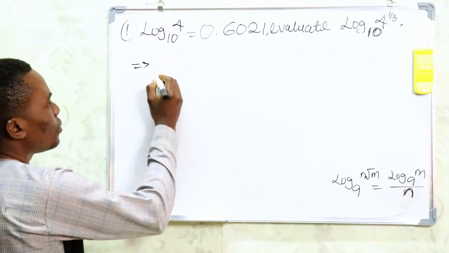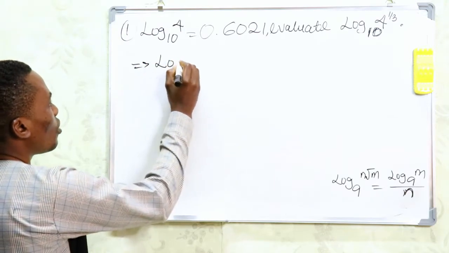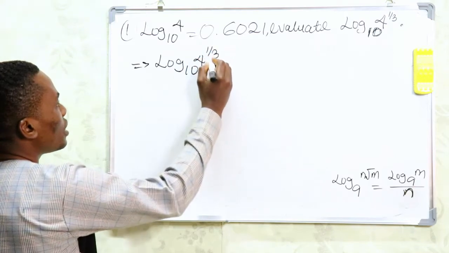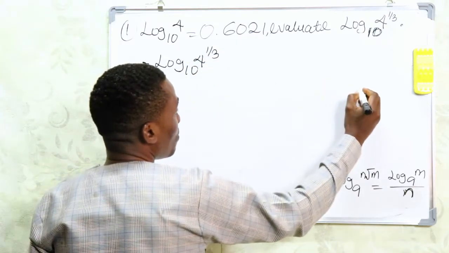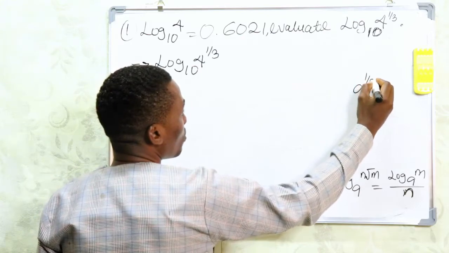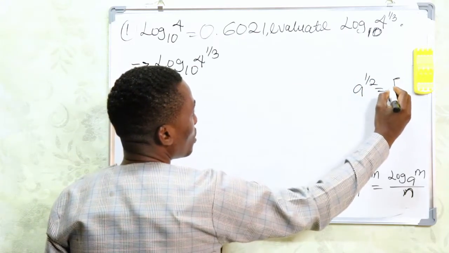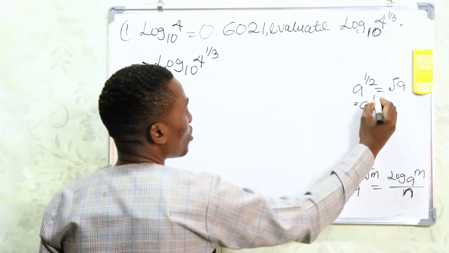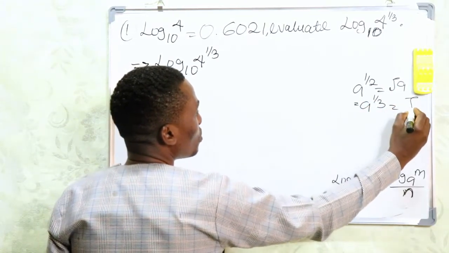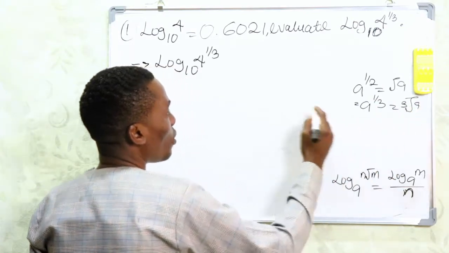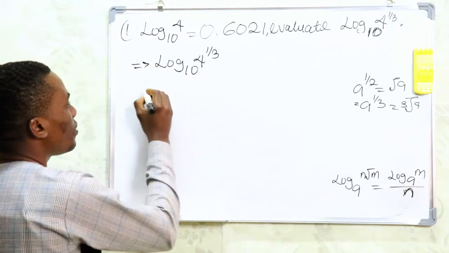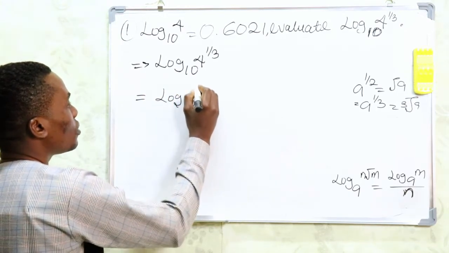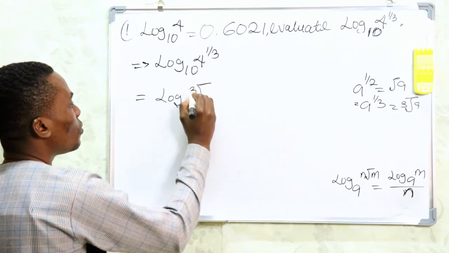Remember, if you have a value a raised to power 1 over 2, it should be equal to the square root of a. Same thing goes here. If you have a raised to power 1 over 3, it should be equal to the cube root of a. So this value will now be equal to log of the cube root of 4 base 10.